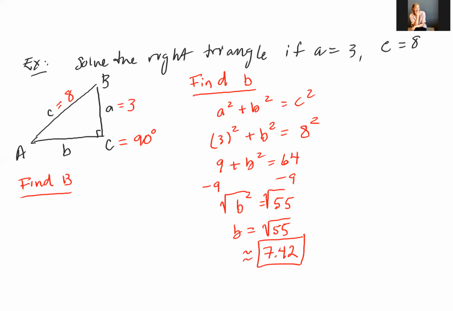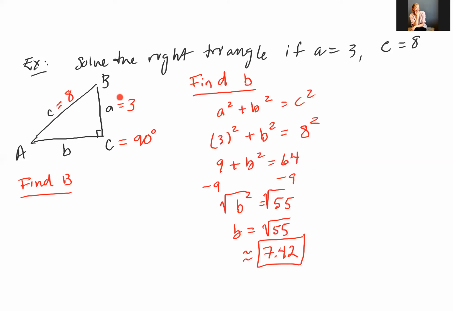I know a little bit about angle B. I know side A, which is the adjacent to angle B. I know side C, which is the hypotenuse to angle B. I'm going to use those instead of this value because this value is an approximation. These are not.